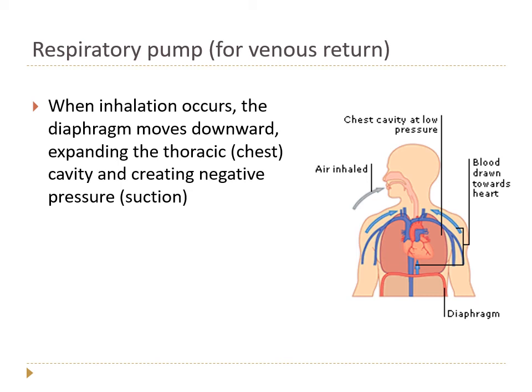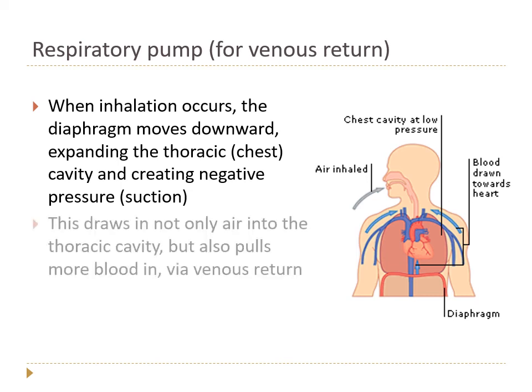That not only pulls air in through our windpipe and down into our lungs, which is what we're trying to do, but that negative pressure inside the thoracic cavity also pulls blood through the veins into the thoracic cavity, where the heart is located. That was super handy. So that is the respiratory pump that helps pull blood through the veins back toward the heart.